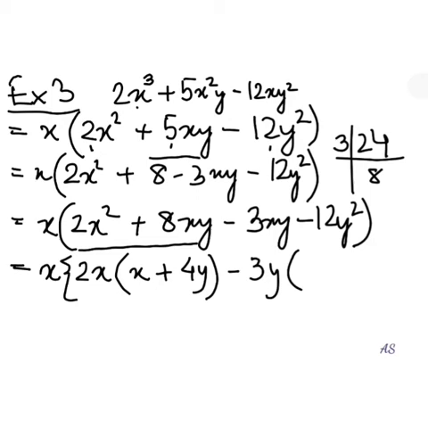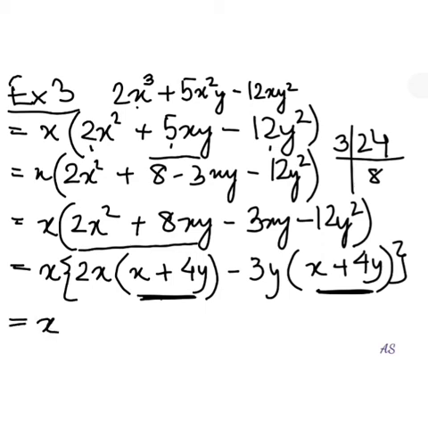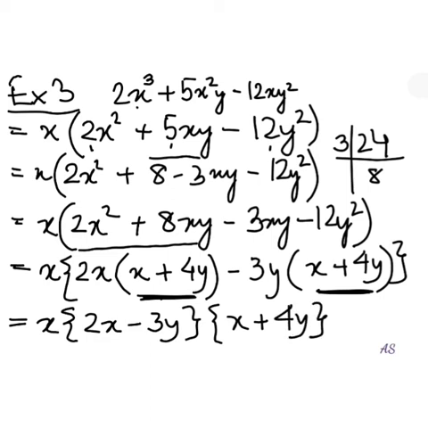So here I will get x plus 4y again. When you are solving, make sure that the terms within the bracket, x plus 4y, are the same in these two places. So therefore it finally comes out as x multiplied with 2x minus 3y and x plus 4y. So this is your answer.